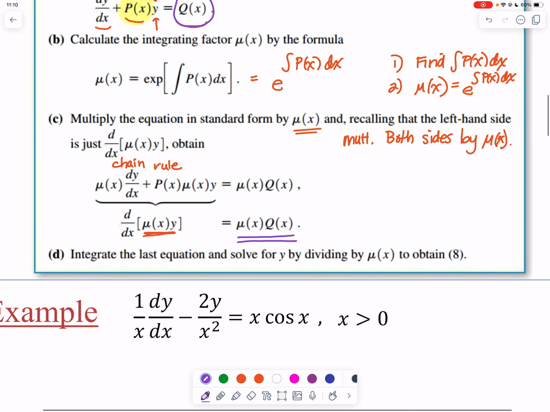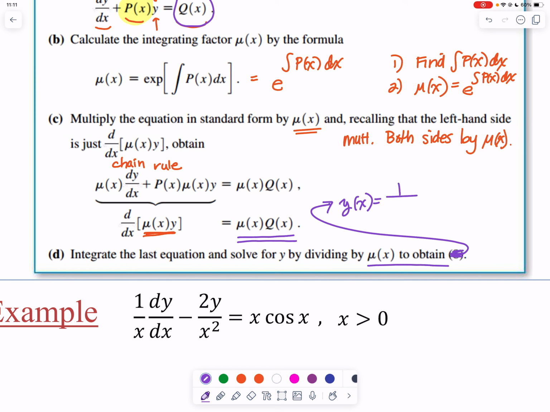And then we will integrate this last equation and solve for y by dividing by mu of x to obtain this solution. So to obtain y of x is equal to 1 divided by mu of x multiplied by the integral of mu of x multiplied by q of x dx plus a constant.